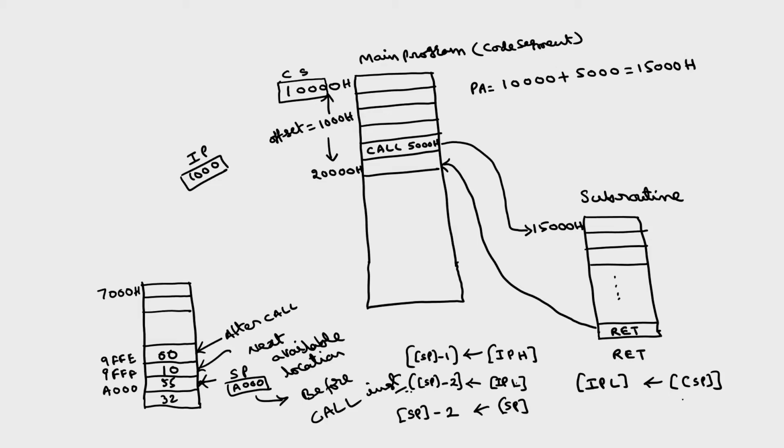And then 10, the contents of SP plus 1, will be transferred to IPH, because we know that the stack pointer operates on the principle of last in first out. Then these two data will be emptied. Now, the stack top becomes this A00, which is the previous one. So, the stack pointer becomes now stack pointer plus 2.